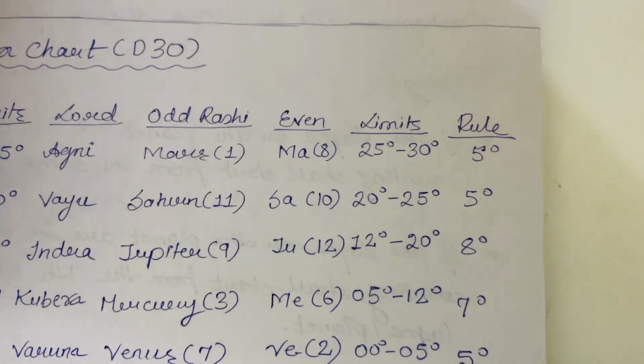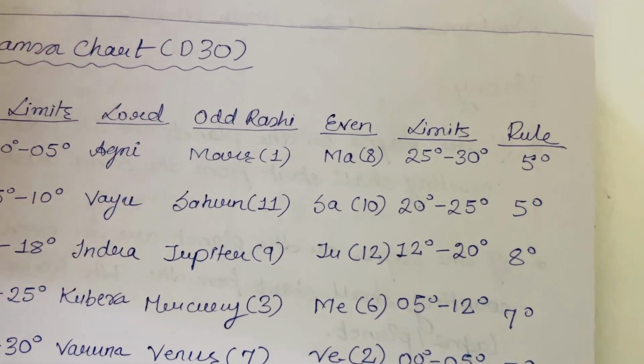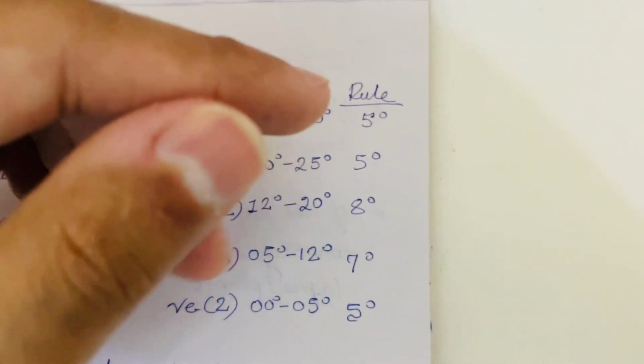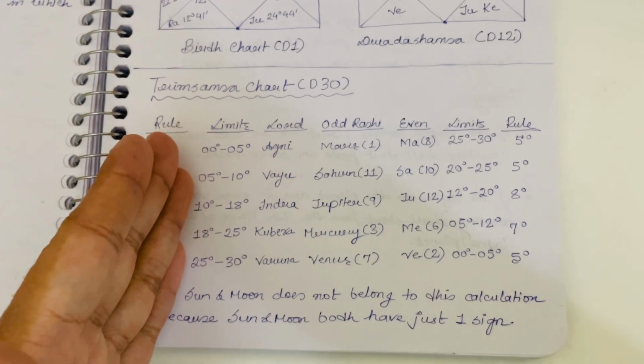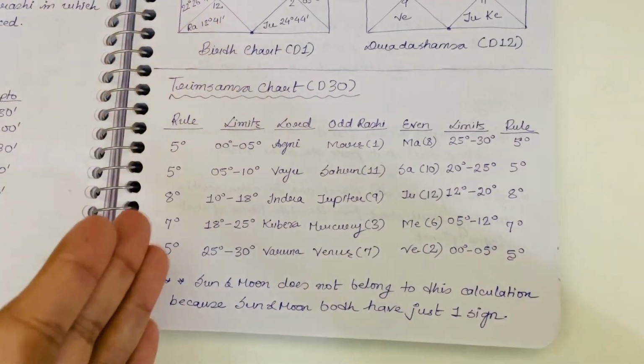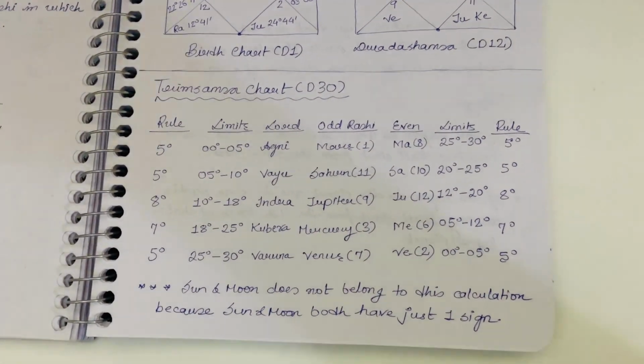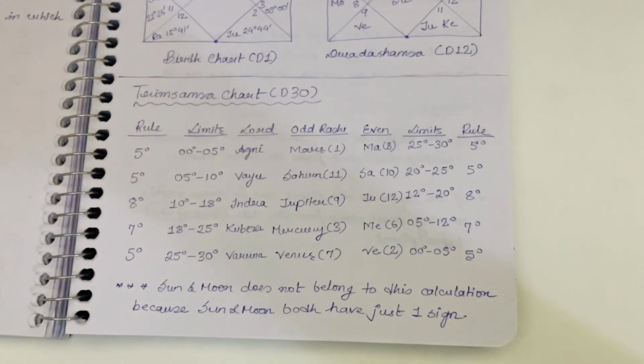Now let's come to the even Rashi. Here you need to remember the rule is 5-5-8-7-5. For both the odd Rashi as well as the even Rashi, the labels are exactly the same, 5-5-8-7-5. We are writing it from the top and going to the bottom.